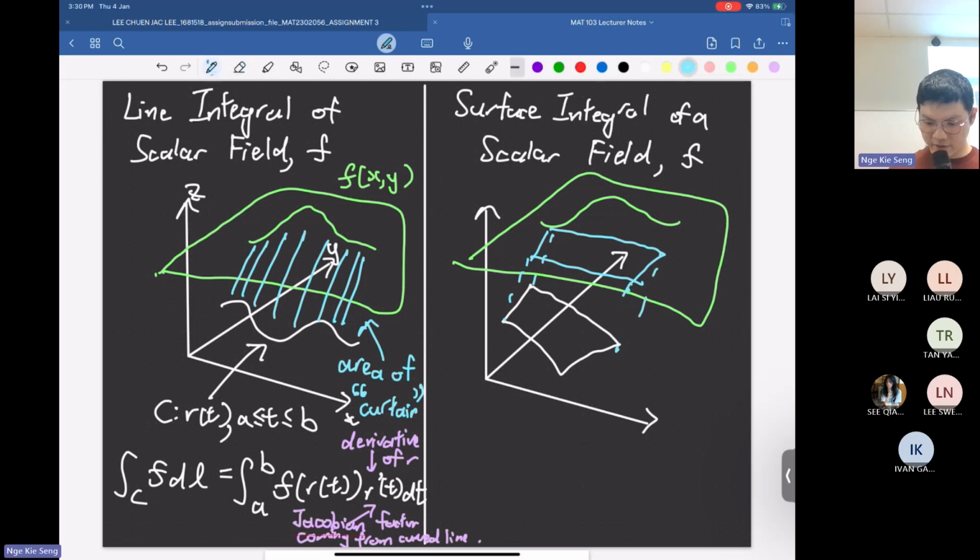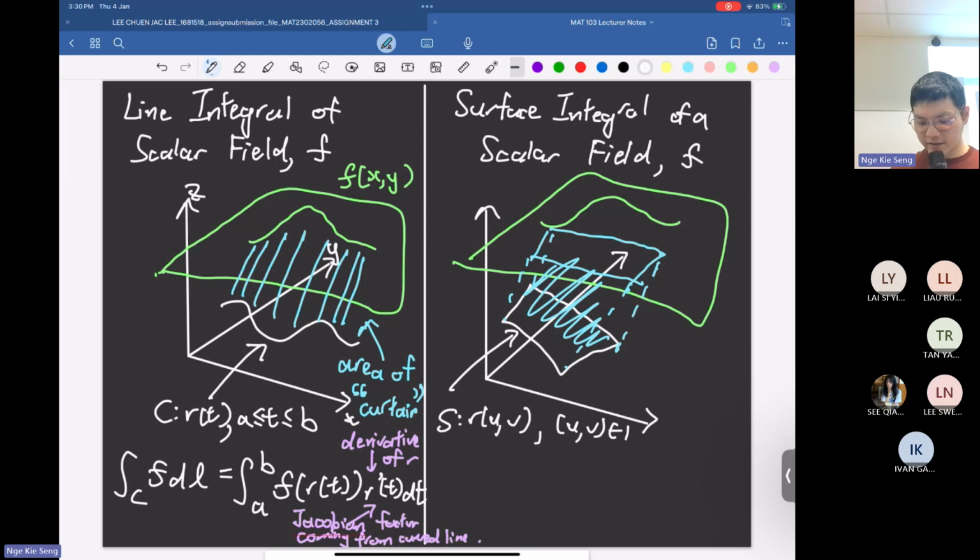So what do we do? We parameterize the surface as well, such that u and v lie in some domain D.